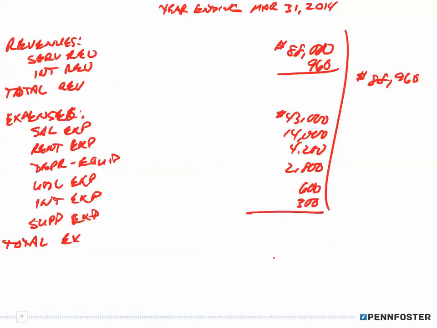And of course, a mathematical calculation means I underline, shows the math, and I put the total in the right-hand column. So that's going to be 64,900.